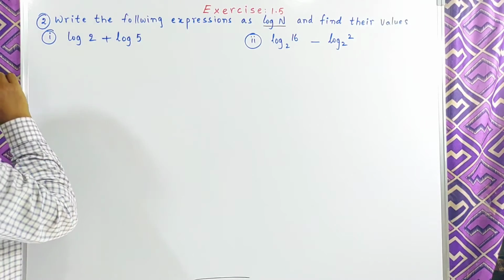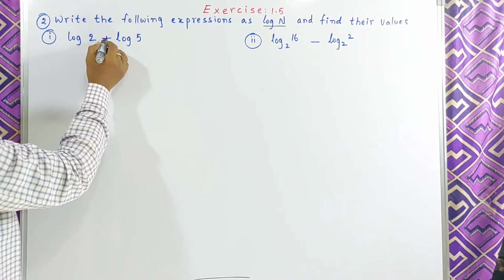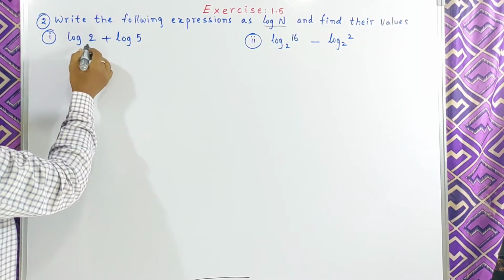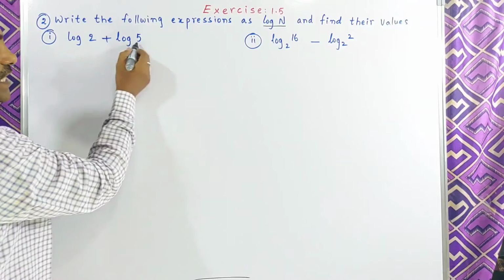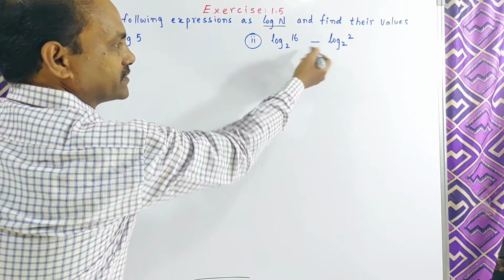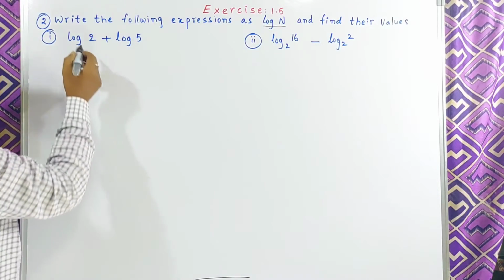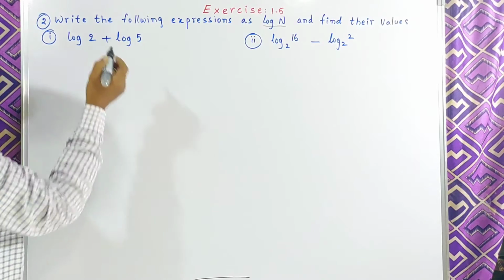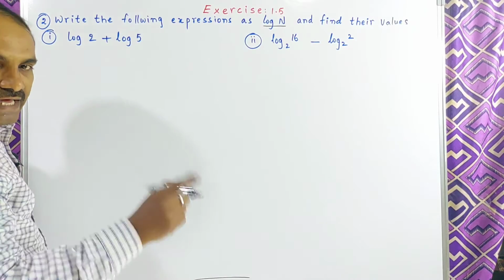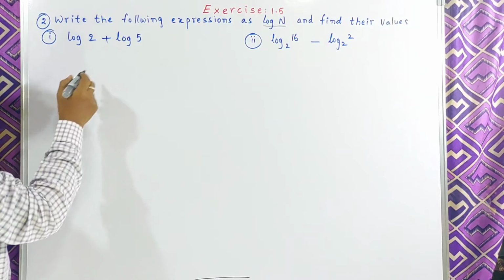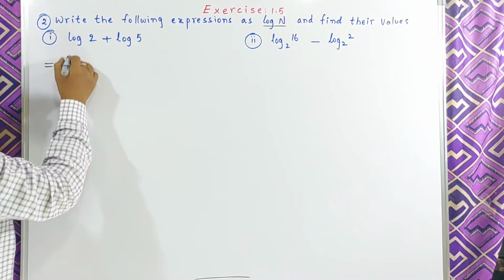Look at the first question. Here plus is there. Remember one thing, here base is nothing, which means base is 10. So how can we write this one?